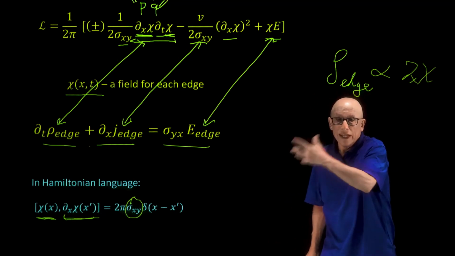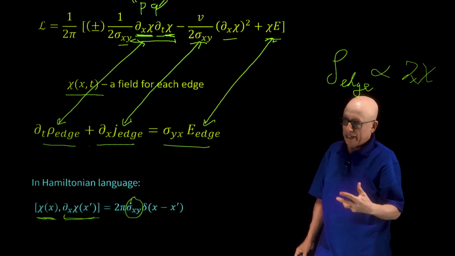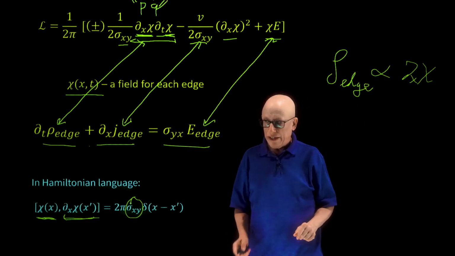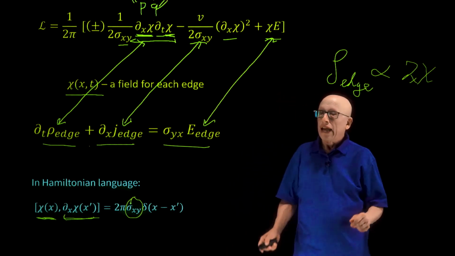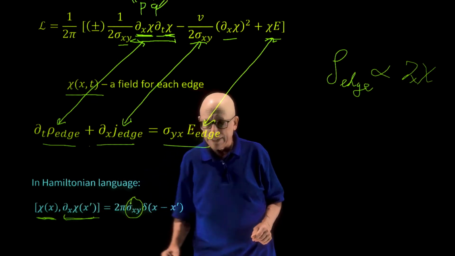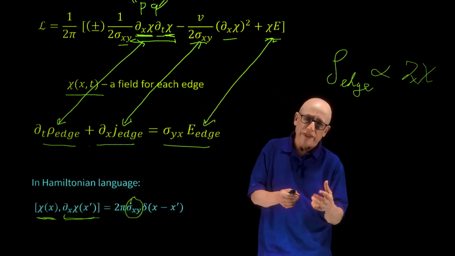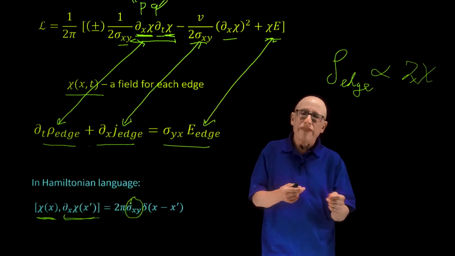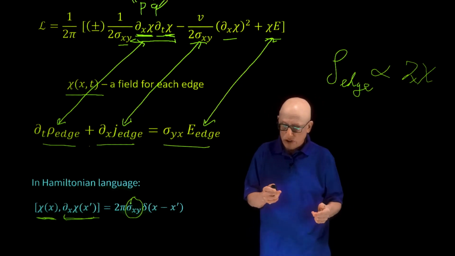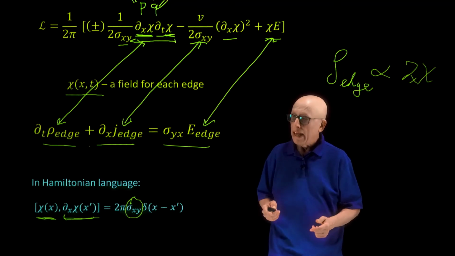It encodes to us the main property of this topological state, the main quantum number of this topological state. This non-commutativity of these two fields is closely related to the fact that it's a chiral system and that each of the two edges does not conserve charge by itself.